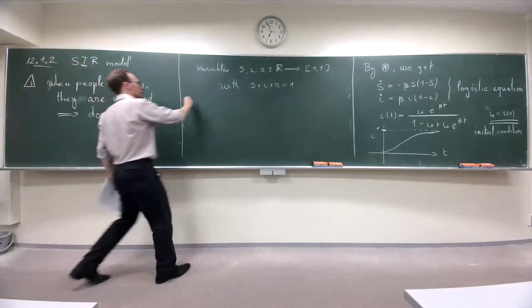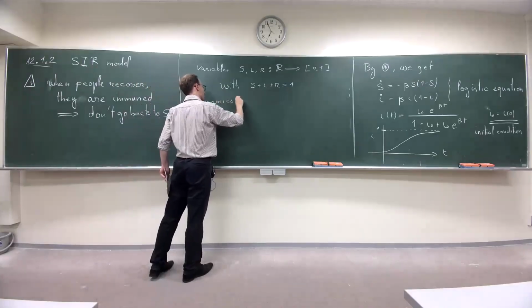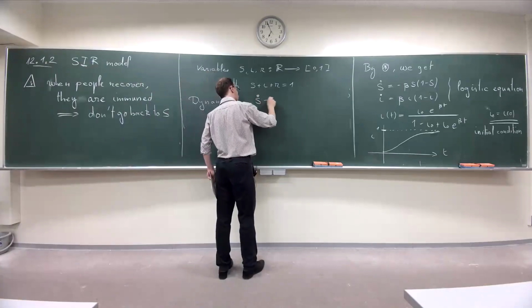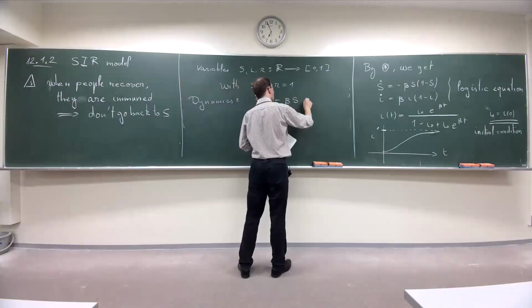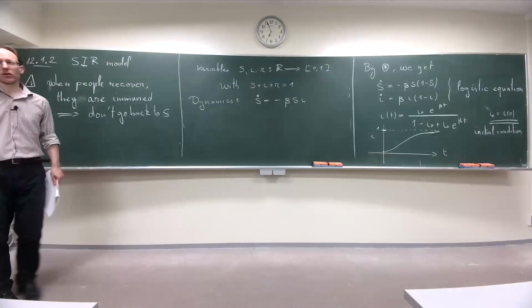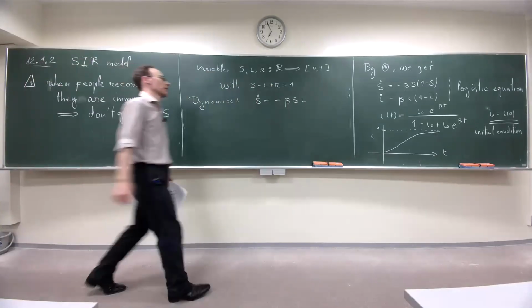And what is the dynamic? Again, this is a model, but it's quite natural. The derivative of S is the same as before, minus beta S I. You leave the compartment S only if you get infected by somebody.